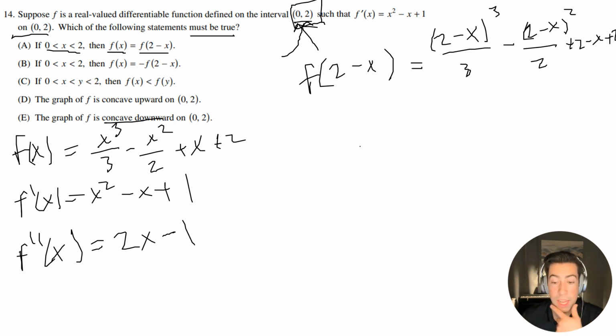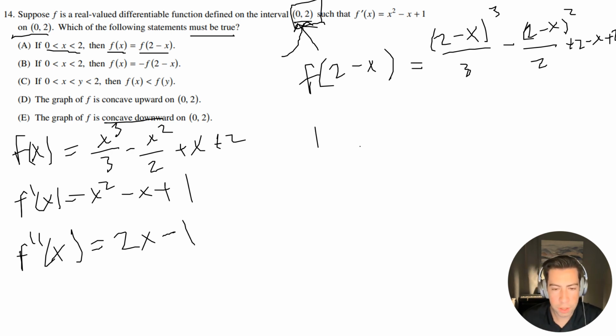If you run this through, it shouldn't give you the same thing. If I plug in x equals 1, let's see what that would give me.